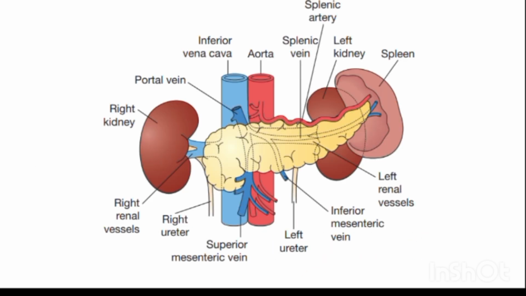Here you can see the surrounding structures and anatomical relations of the pancreas. On the right, you have the right kidney. On the left, you have the spleen, where the tail of the pancreas ends. On the superior surface of the pancreas, there is an artery, the splenic artery, and posteriorly the splenic vein and the inferior mesenteric vein join to form the portal vein, which at the level of the neck of the pancreas runs upwards to the porta hepatis.